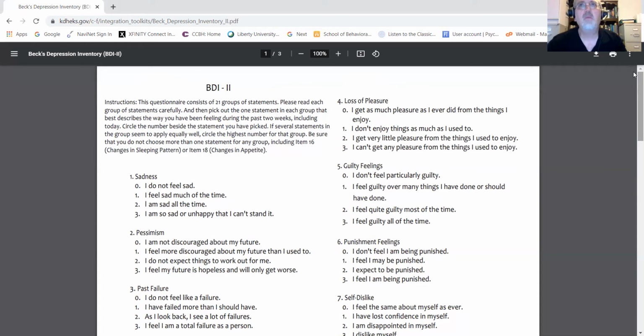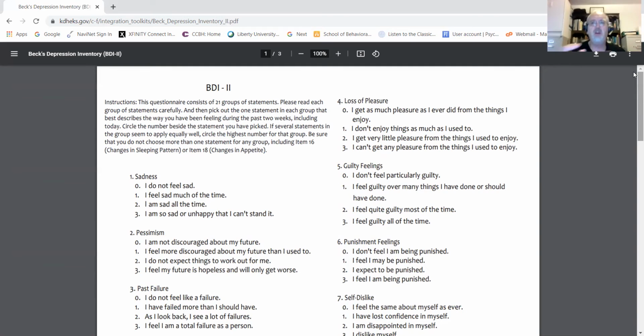So it really was a comparison of individuals suffering depression to individuals not suffering depression in a clinical setting.